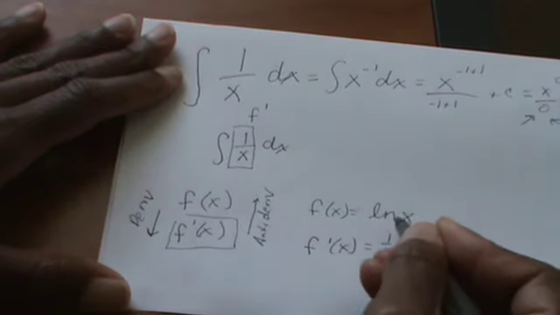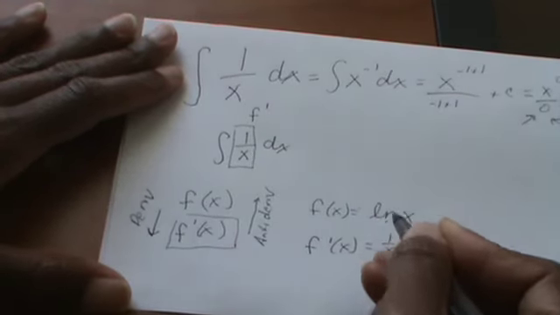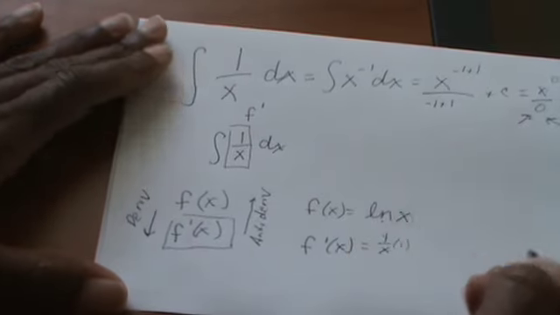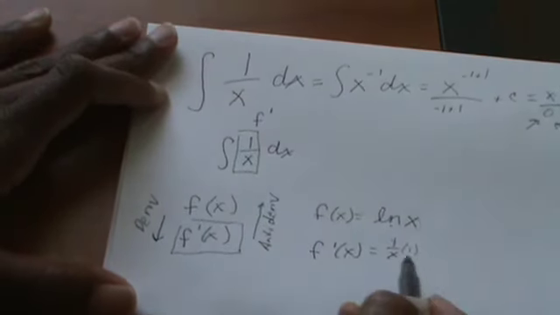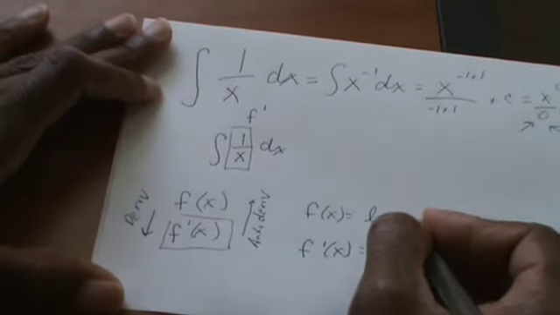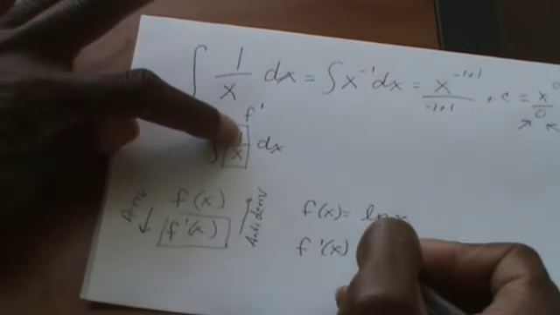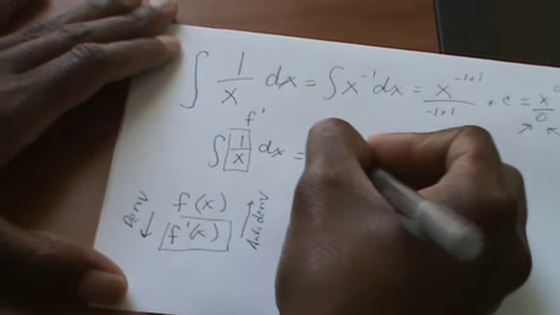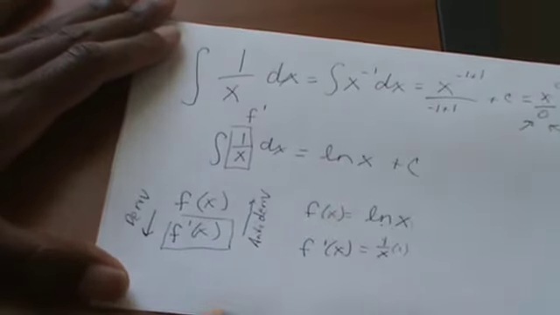Okay, so let's consider that. The derivative of the natural log of x, 1 over whatever's after it, 1 over x times 1, right? So that checks out. So that means that if we're going this opposite way and we start off with 1 over x in our antiderivative, this should be the natural log of x plus c.